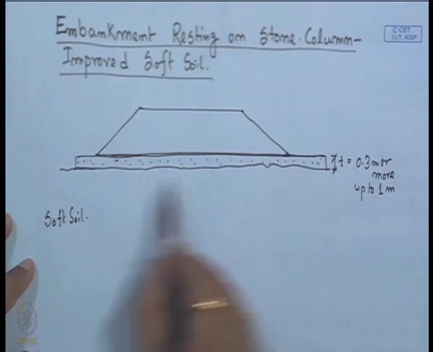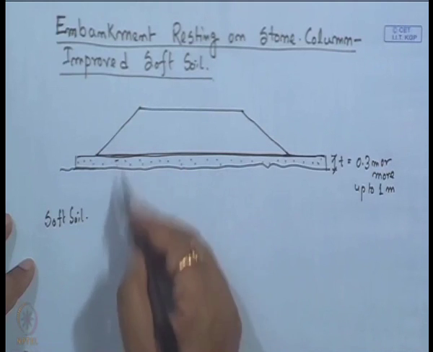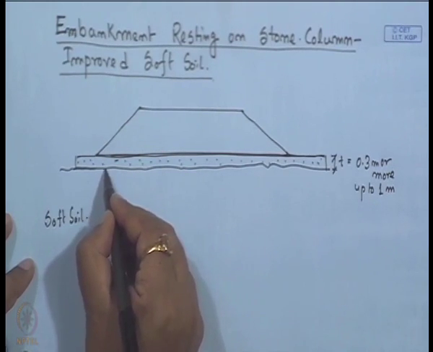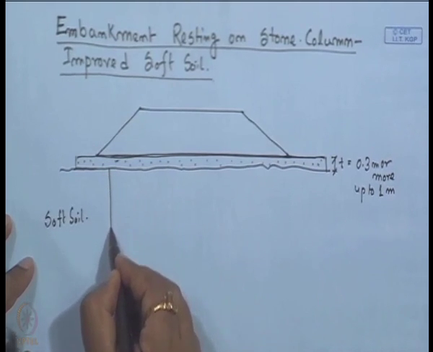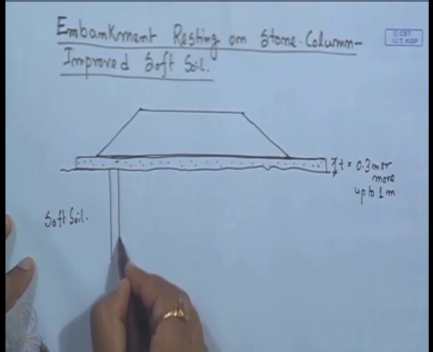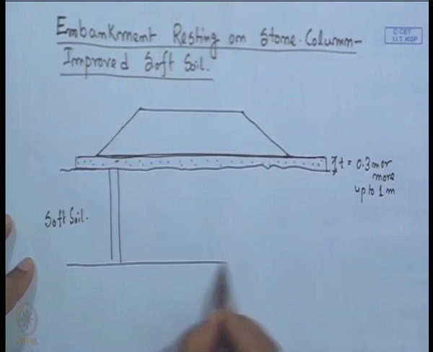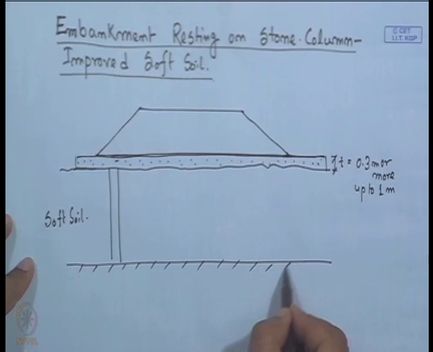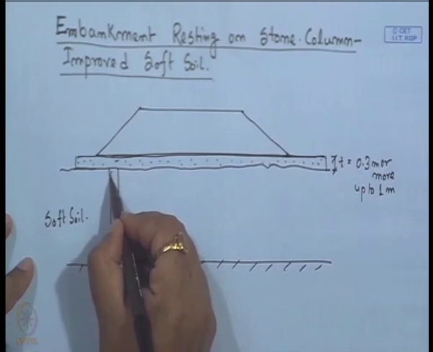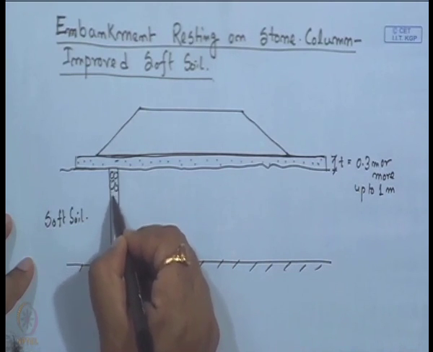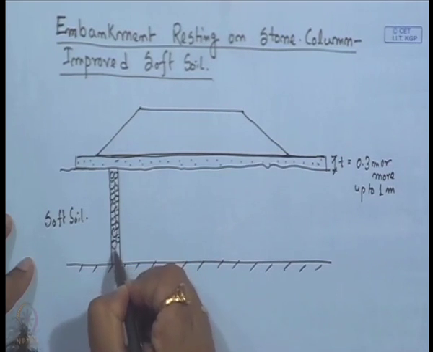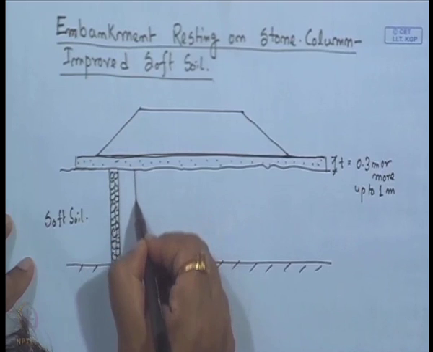Before we place this, we have to improve this soil. So, this is the bedrock, and this soil can be improved by the application of stone columns. So, we can install stone columns here.